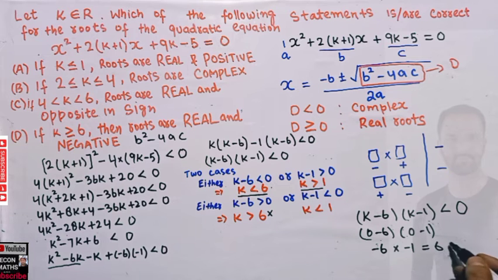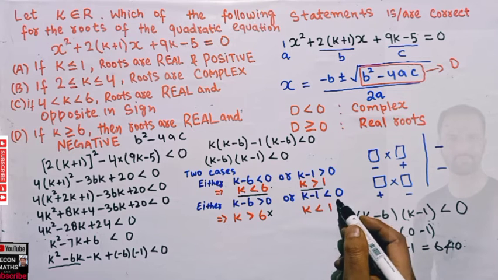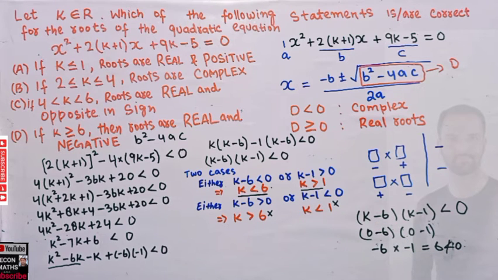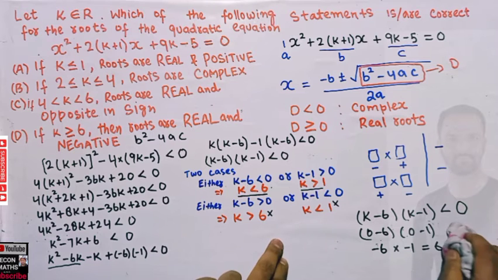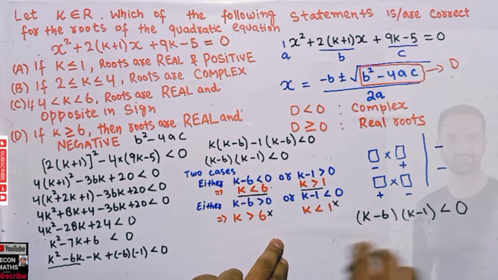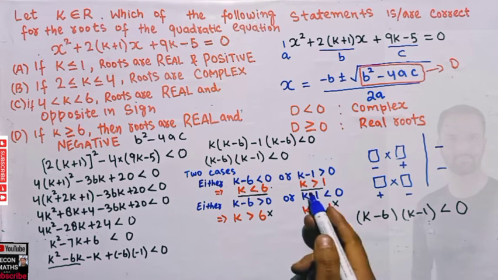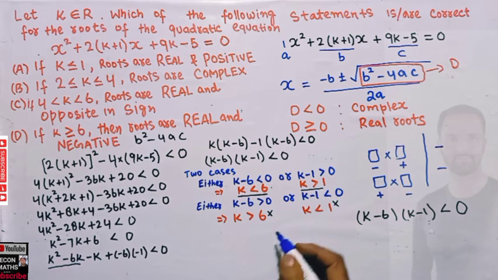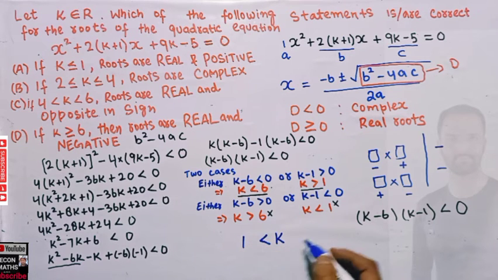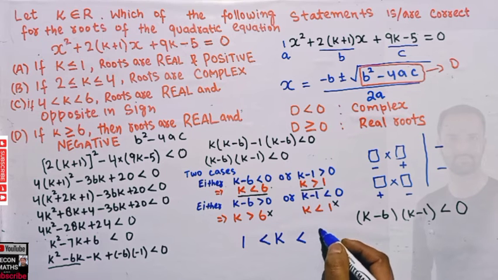We will get 6, which is greater than 0, which does not hold this condition, so it is not less than 0. So this also will not satisfy our relationship. Now the thing is, when k is greater than 1 and less than 6.